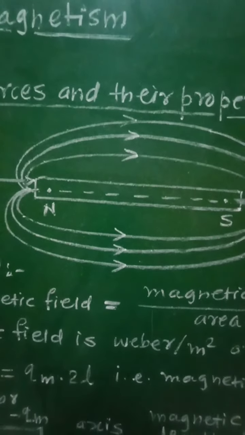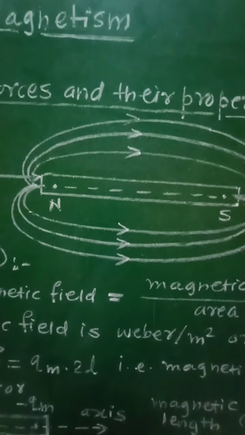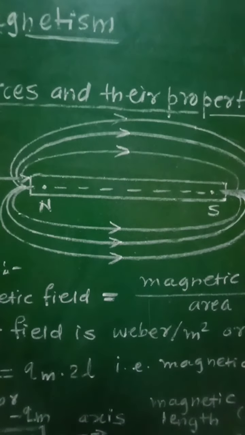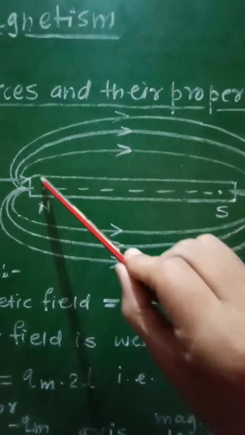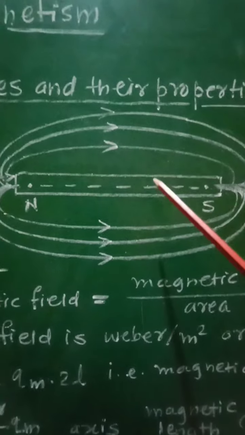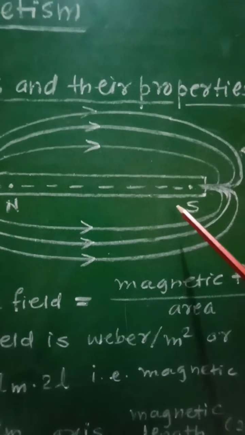Then fifth, the magnetic lines of force do not intersect each other or cross each other.